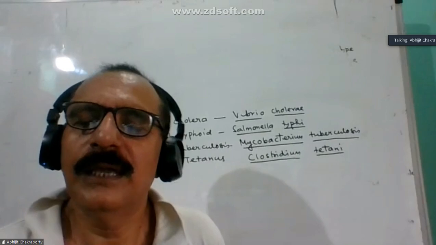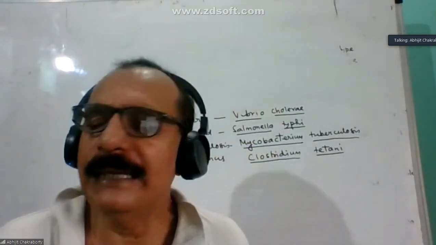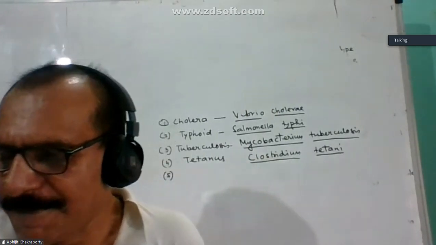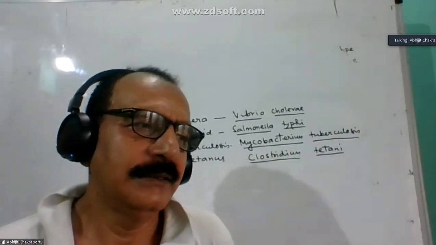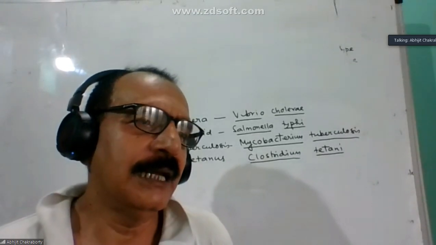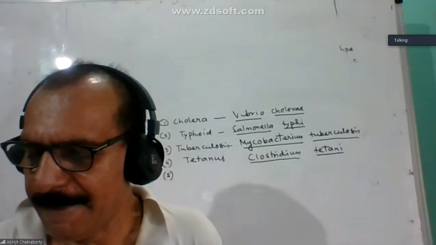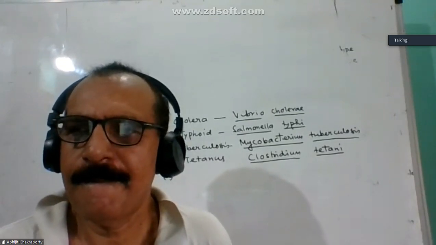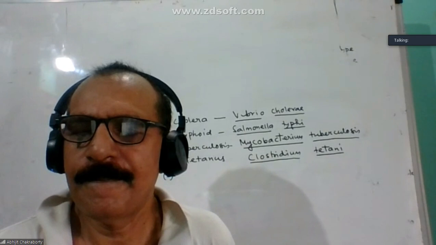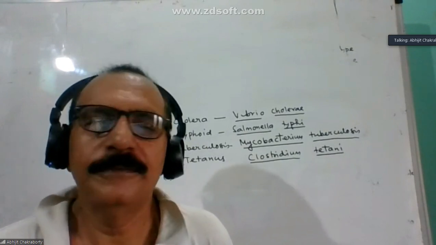Okay? Next slide. Next question. Write 2 plant diseases caused by bacteria, and write the name of causal organism in each case. Okay?